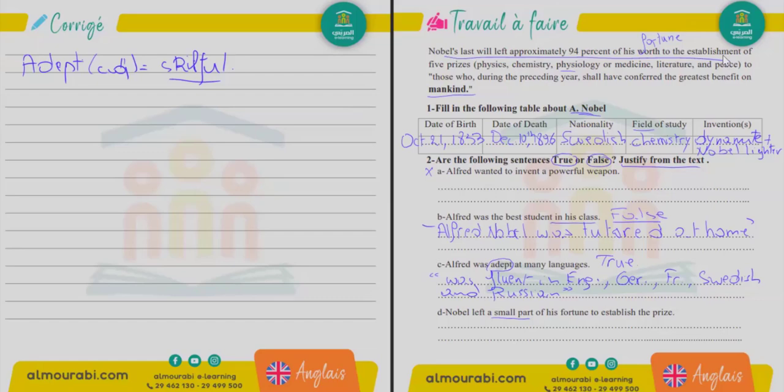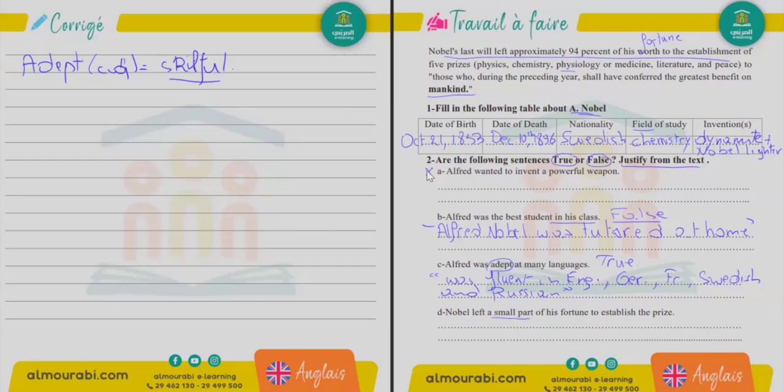He simply left that 94% of his fortune. Is it a huge or a small amount of his fortune for the establishment of the prize? Huge. So that answers which question? Did Alfred not want to invent a powerful weapon? No, that doesn't have to do with it. We are talking about money, not the weapon.